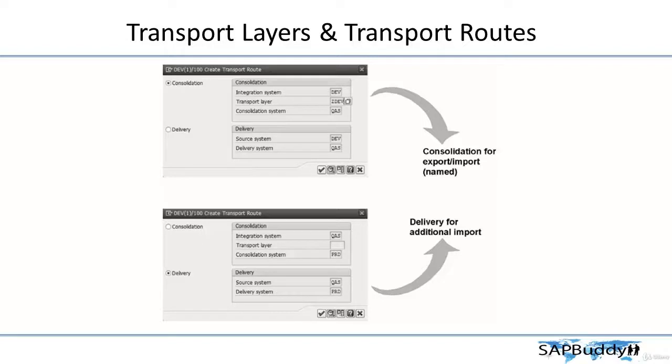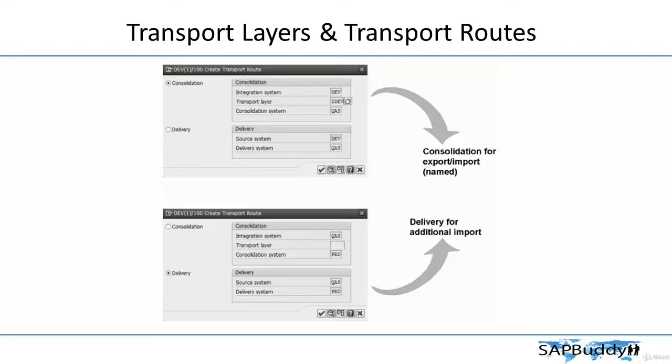Then we have consolidation system. That means the target of the consolidation route. The integration system is DEV. For the consolidation route, the target is QAS, the quality system. So that is the target system of the consolidation route. The delivery system is where actual delivery is going to happen.